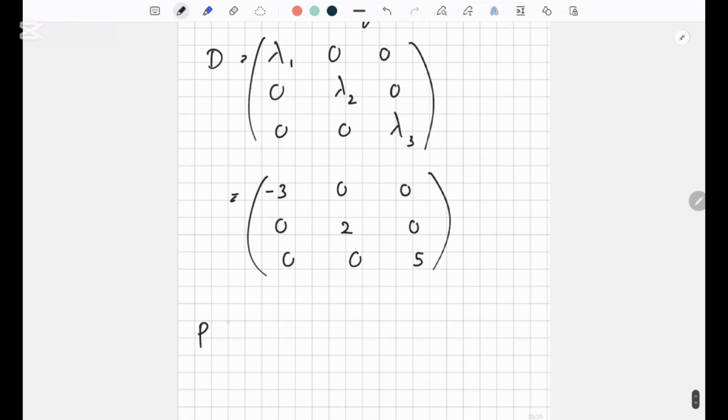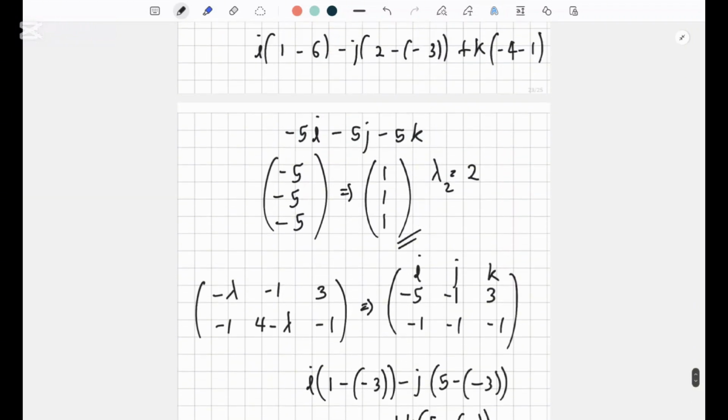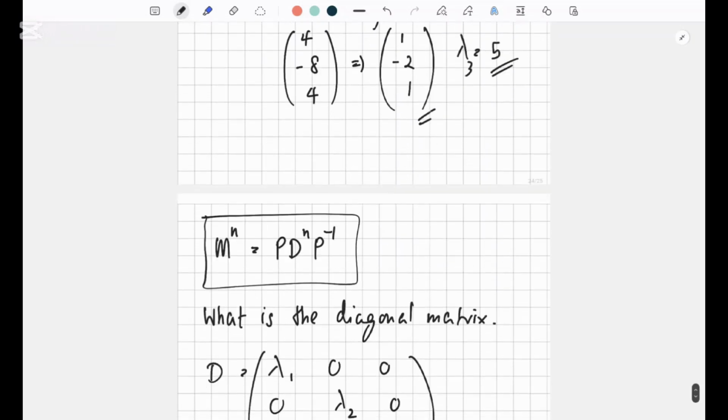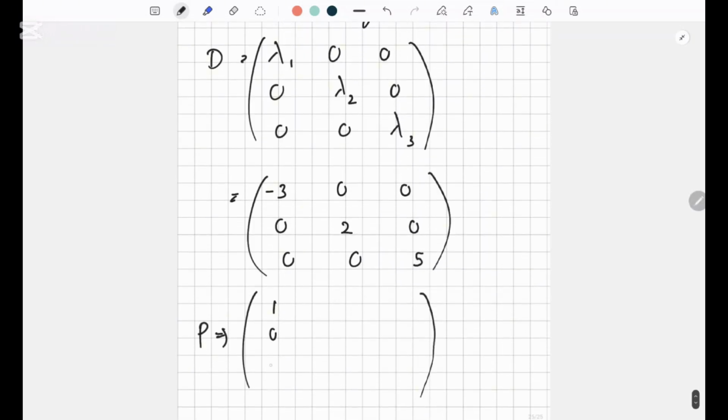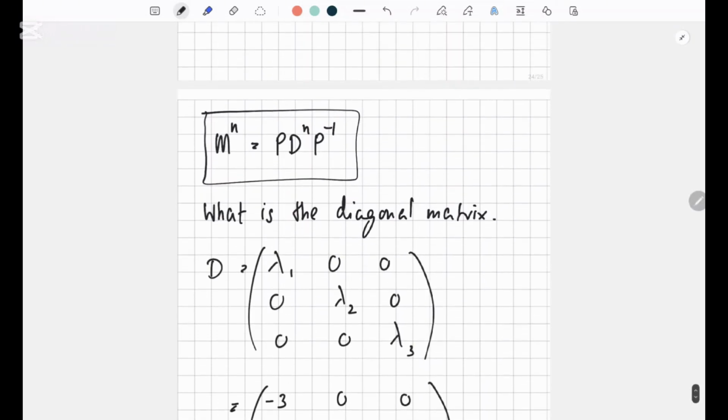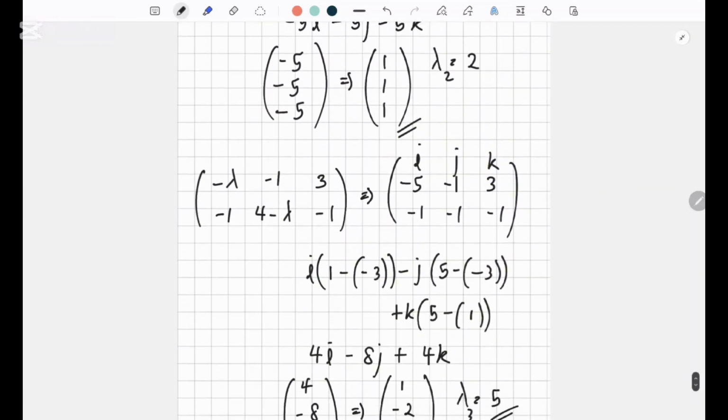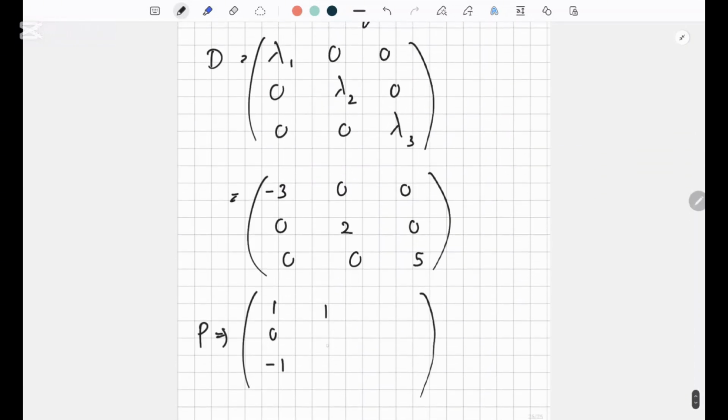And P is your eigenvectors lined up together. If you went according to this order, you can see minus 3 first, 2 second, 5 third, right? So you put in the eigenvectors in that same order. For minus 3, we had eigenvector 1, 0, minus 1. For 2, we had 1, 1, 1.